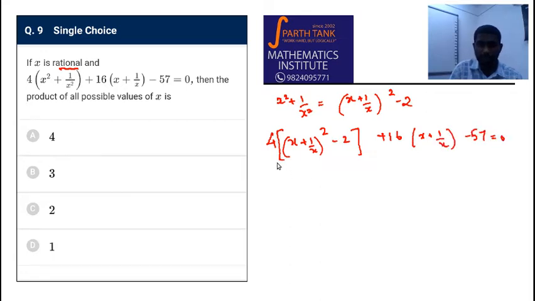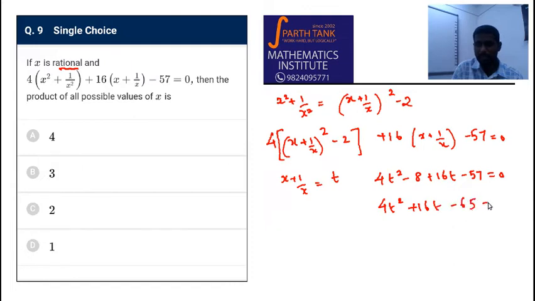Correct? So if I take x plus 1 by x as some t, for the sake of simplification, this is 4t squared minus 8 plus 16t minus 57 is 0, or 4t squared plus 16t minus 65 is 0. Okay, so how to get the factors of this?